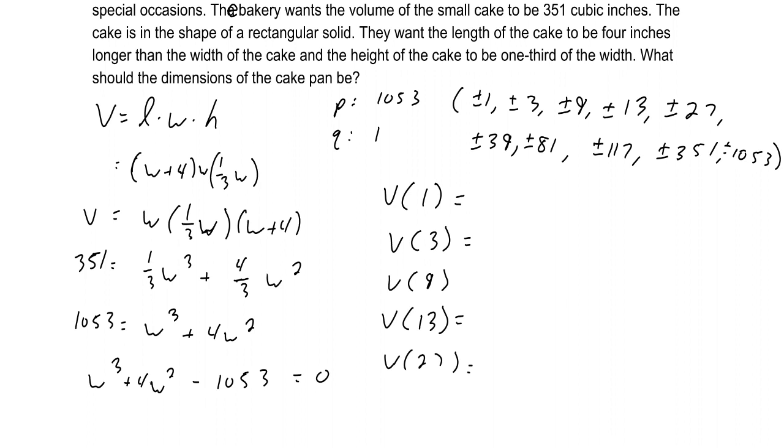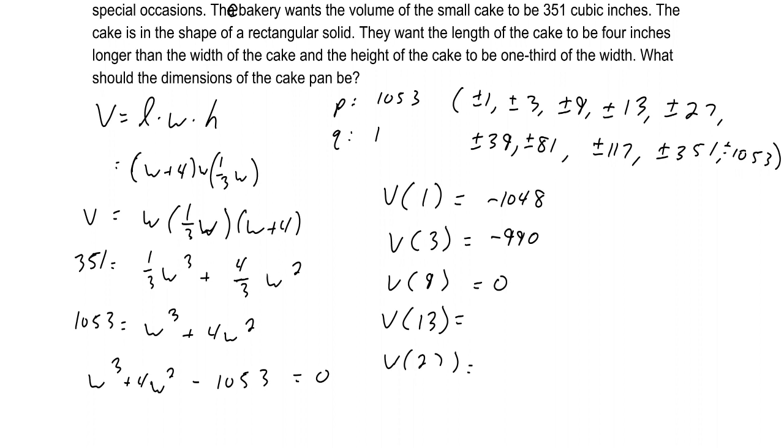W cubed plus 4W squared minus 1053. Evaluating that at 1 is negative 1048. We certainly want a volume that is positive. Negative 990. It's actually not our volume, but the difference between the volume and our desired volume. So V of 9 is 0.